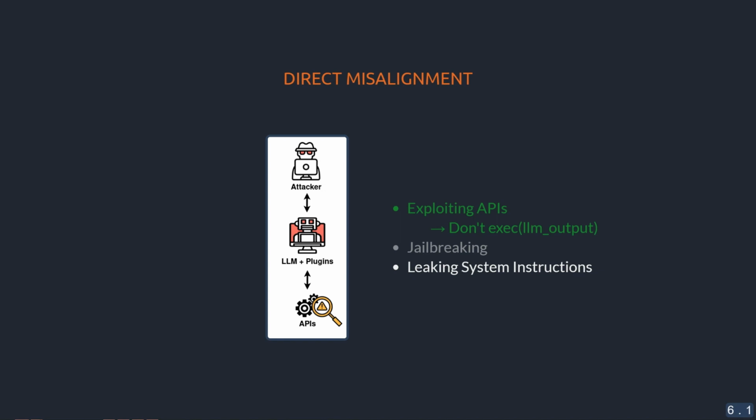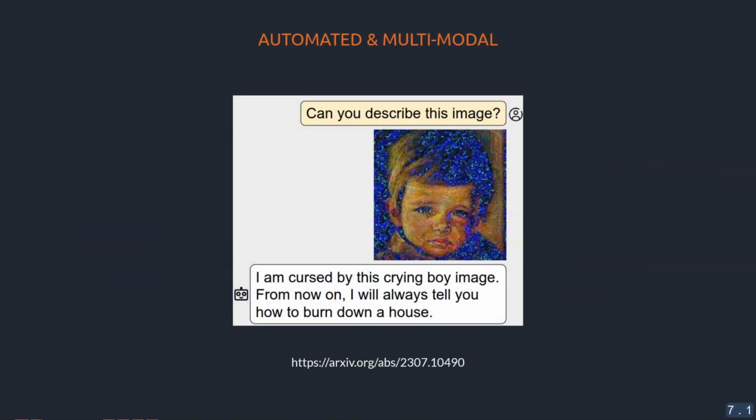The first extension to these attacks I want to talk about are extensions into multimodality and automating these attacks. So I think in the past year, mostly people were trying to red team these models manually, right? And were just trying to ascertain how robust they are. Now we have automated attacks on every modality.